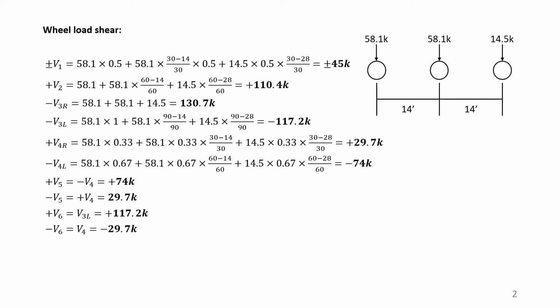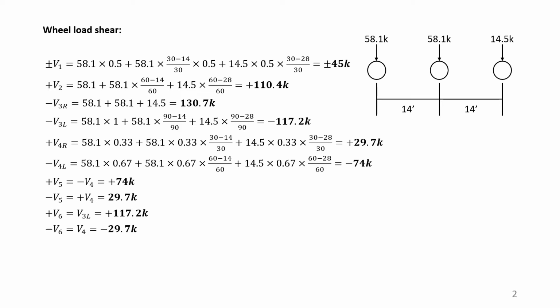Now, from the geometry of the influence line, we will calculate the actual numerical values. Here V1 plus or minus, the numerical values will be the same. As you see, the diagram is similar, one positive and the other negative. That's why we will calculate one and give it plus or minus. At the middle of the span at location 1, the influence line ordinate is 0.5 and the wheel load is 58.1, so we have multiplied 58.1 by 0.5.